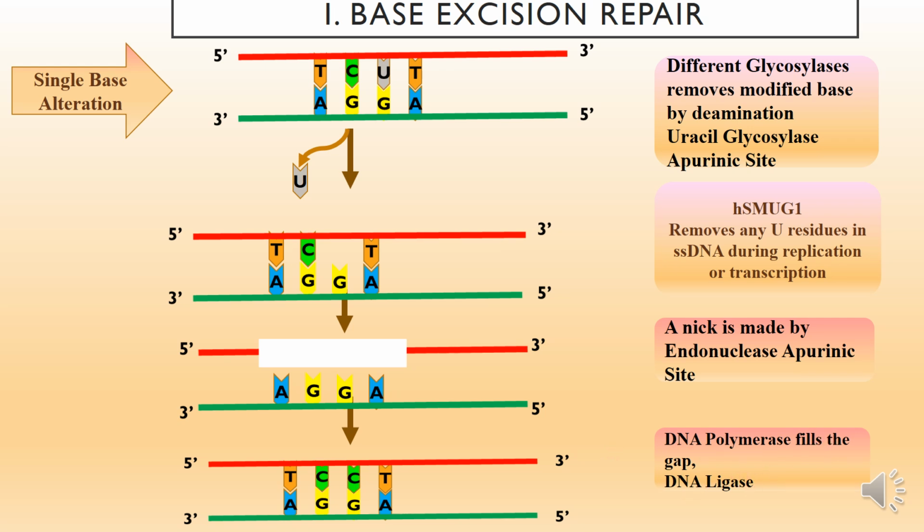sealed by DNA ligase. Now, nucleotide excision repair is an important mechanism by which the cell can prevent unwanted mutations by removing the vast majority of UV-induced DNA damage.